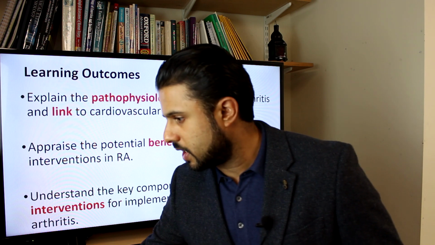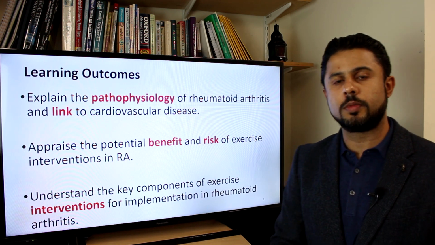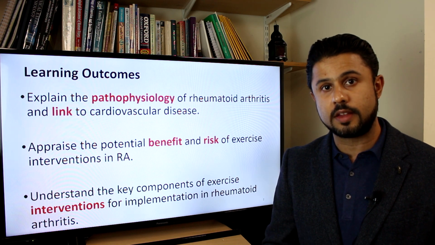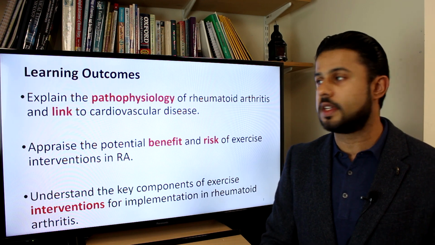So the purpose of today's presentation is really to give you an overview of the pathophysiology of rheumatoid arthritis, so what it is and how it affects the joint and also the blood vessels to cause cardiovascular disease.